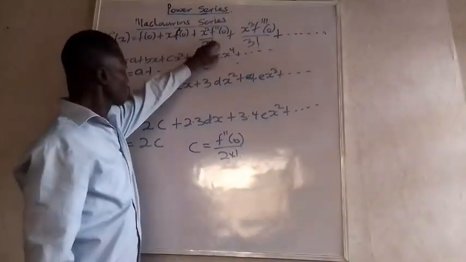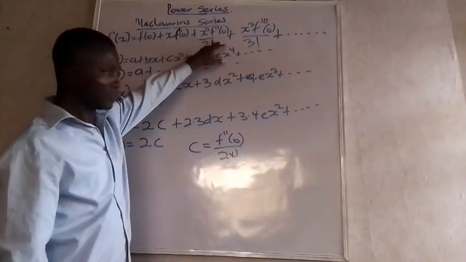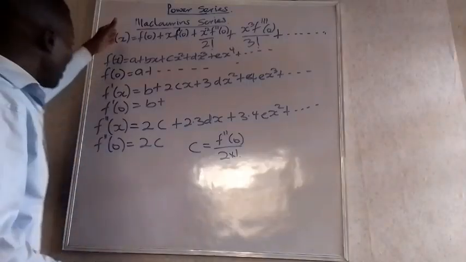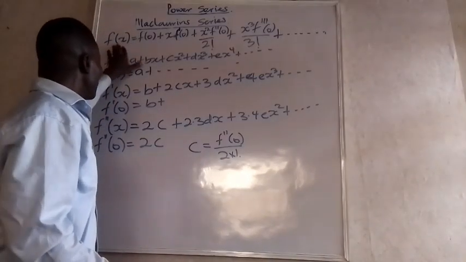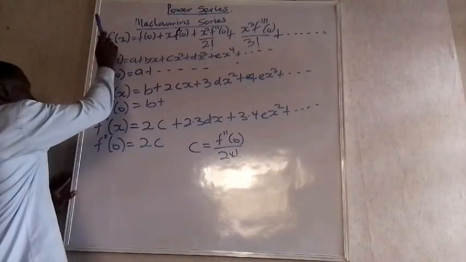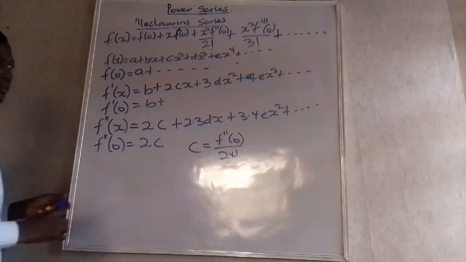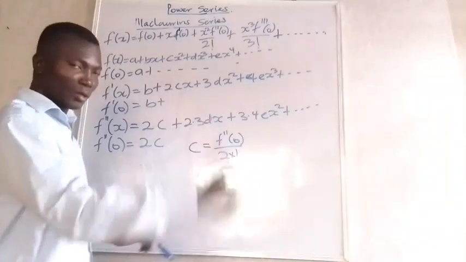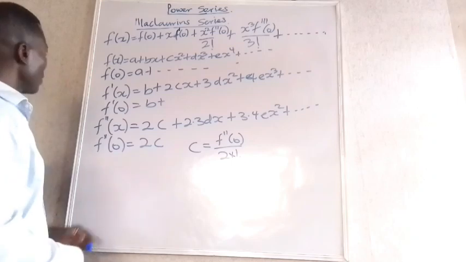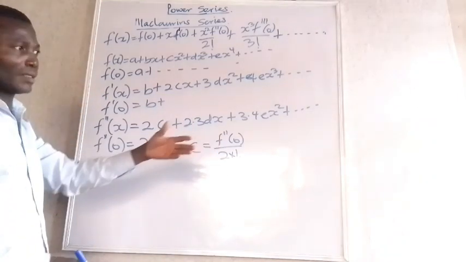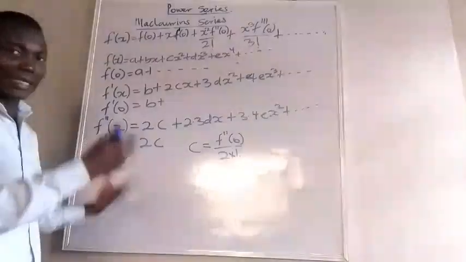Can you see? So he has made this straight for us. All you need to do, once you have this relationship, is differentiate f(x) over and over and substitute 0 into your results. So if I am given something like to find the series expression of cos x in series.